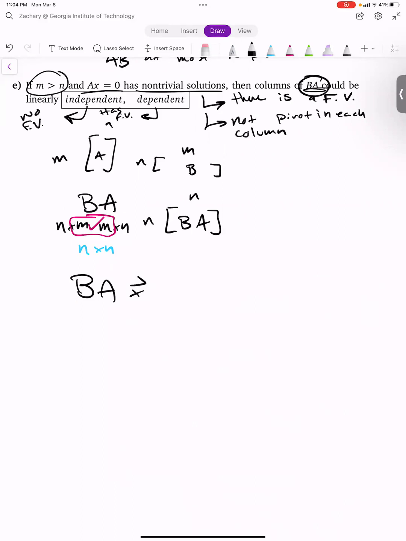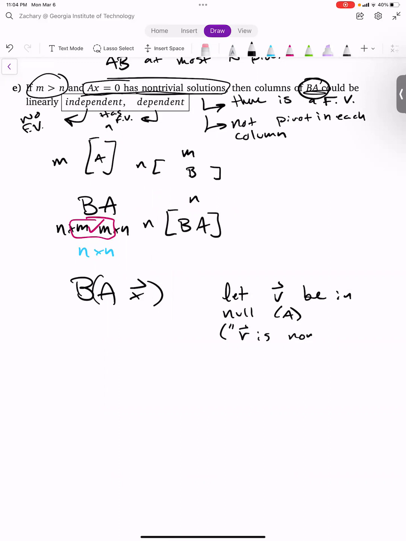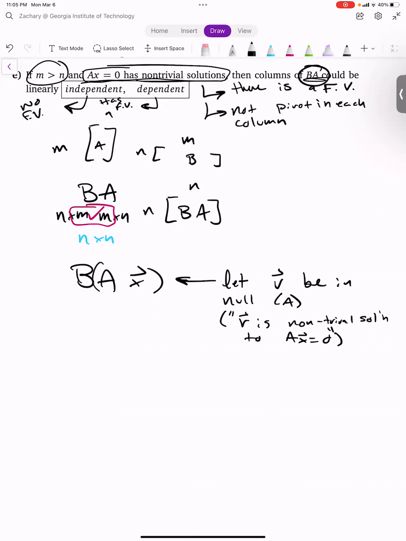So if BA times x is what we're looking at, and we know that there are non-trivial solutions, if I pick any of those non-trivial solutions, say let v be in the null space of A, or v is a non-trivial solution to Ax equals zero. So my v is in here, and this has a dimension, so there is a free variable in A at least.